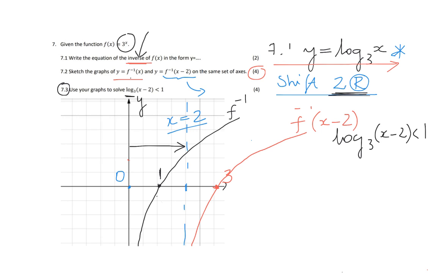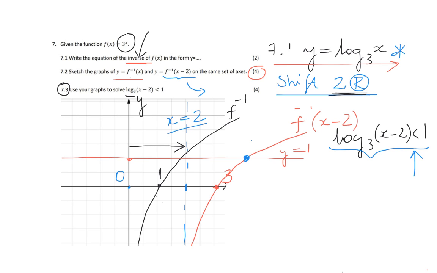So where is my 1? Let's say I draw my line y equals 1 on my graph. Then the interpretation of this inequality is that the logarithmic function must be below the line y equals 1.